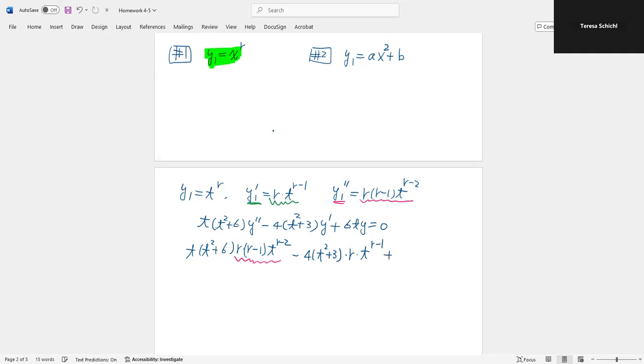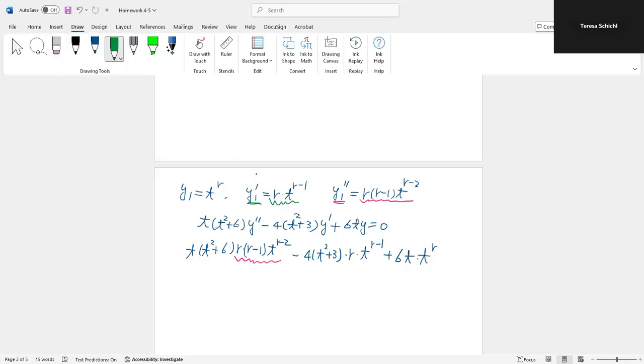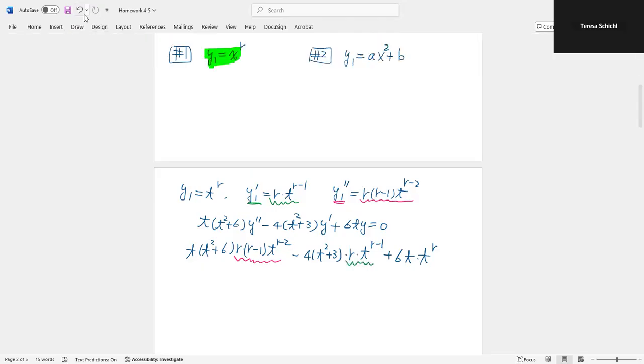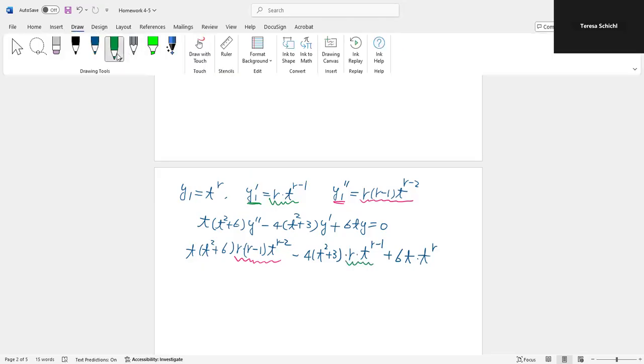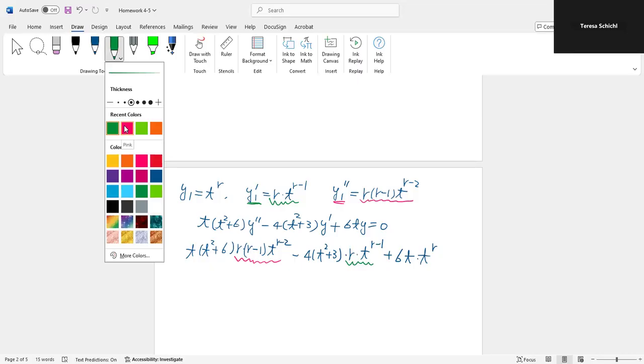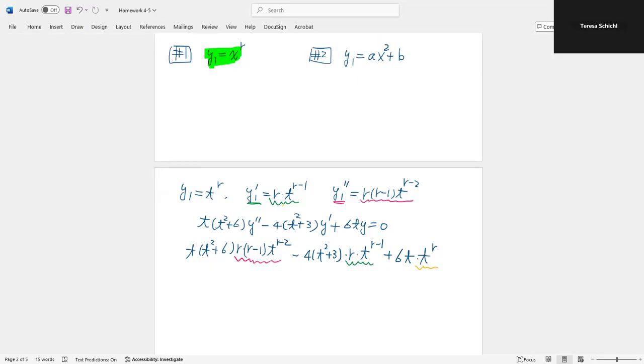The last one is to substitute my y1, so it's 6t times t to the r. Just be very careful: this is my y prime, and this is my original function, t to the r. So then we know this.